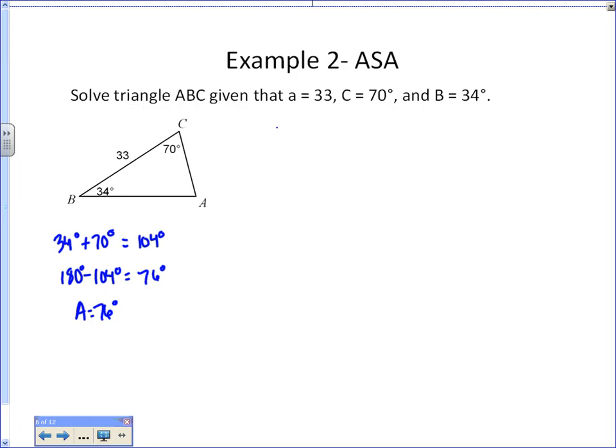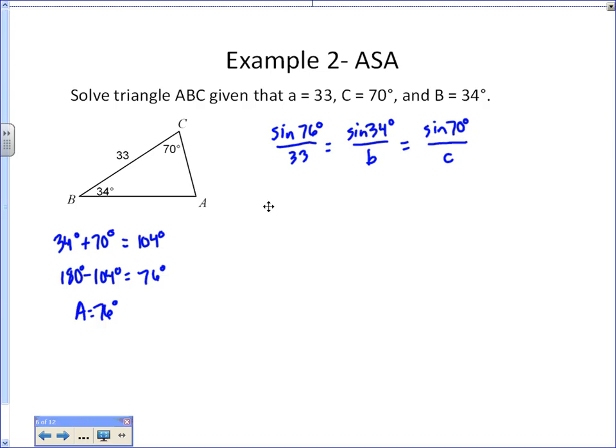And now I'm ready to set up the law of sines. So sine of A is sine 76, and then A is 33. Sine of B is sine of 34 degrees, and that's going to be over B, because I don't know what B is. And then sine of 70 over C. So now I need to figure out what B and C are.